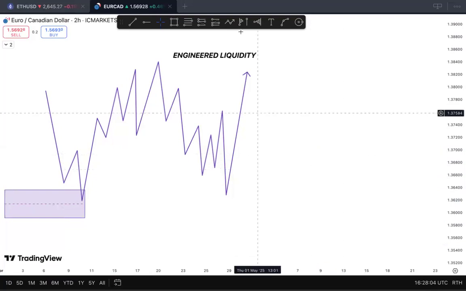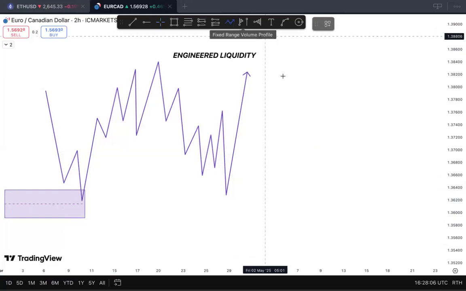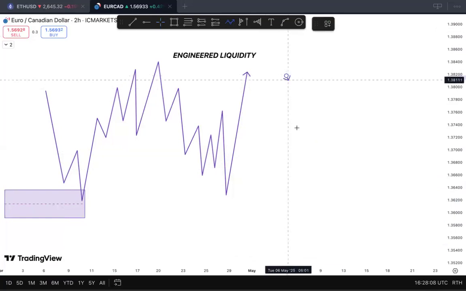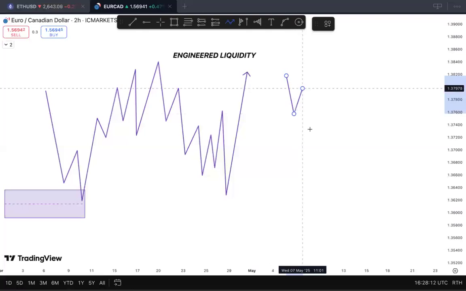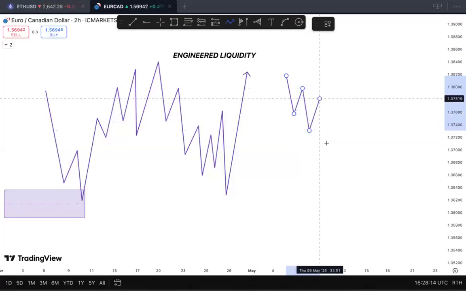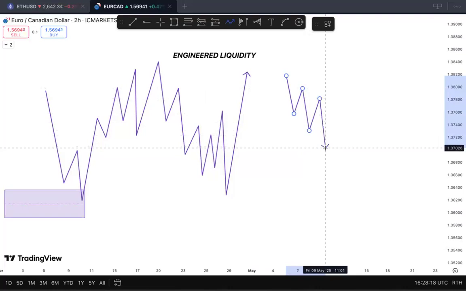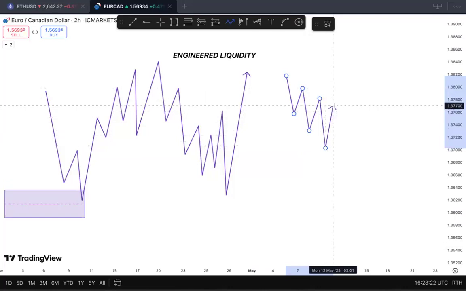Usually, when price is coming down like this, take note. For you to know that that is an engineered liquidity, the liquidity point will be protected. For example, it will be protected like this.